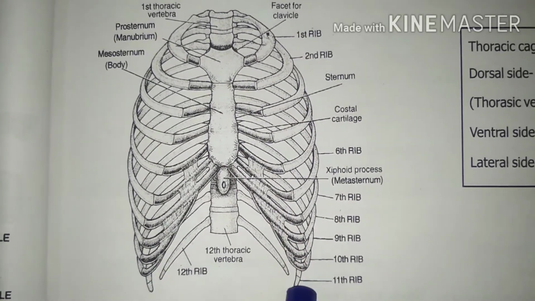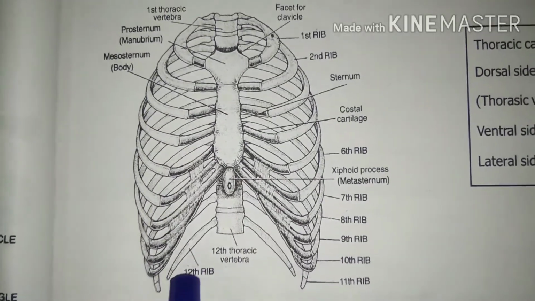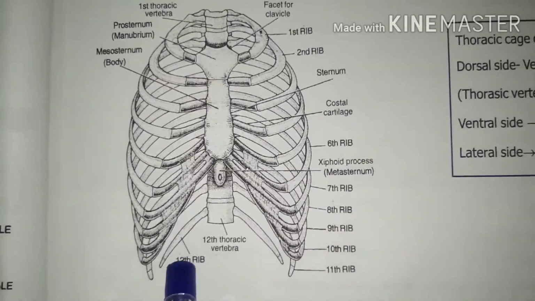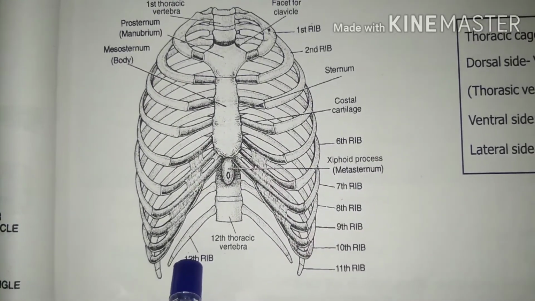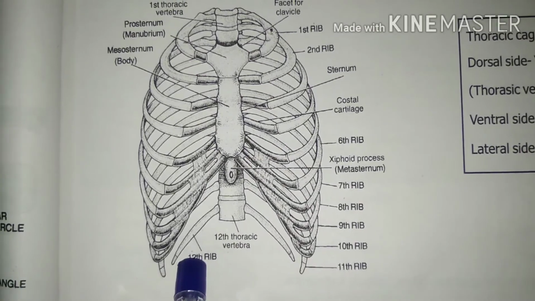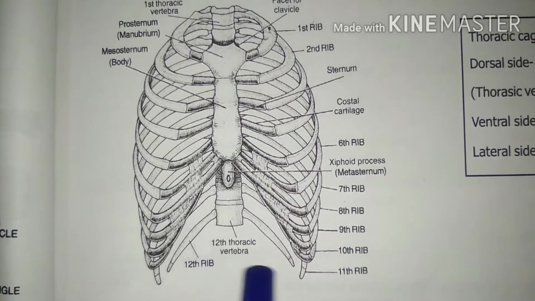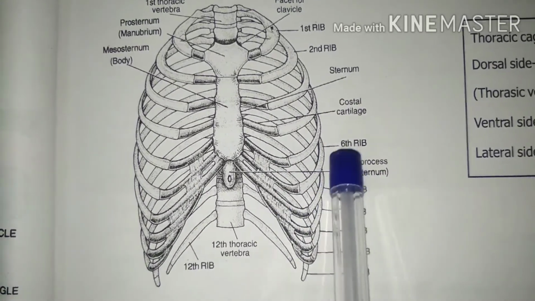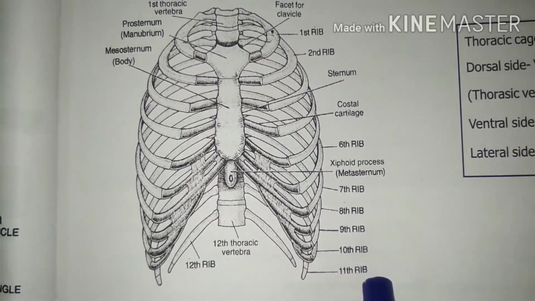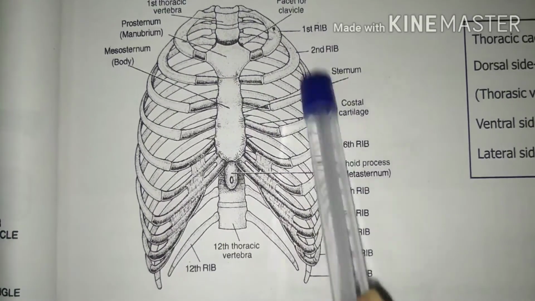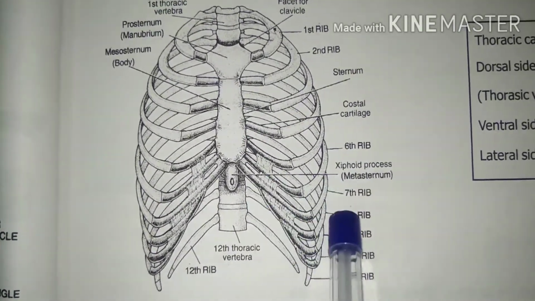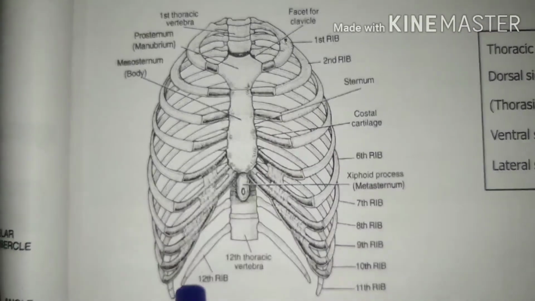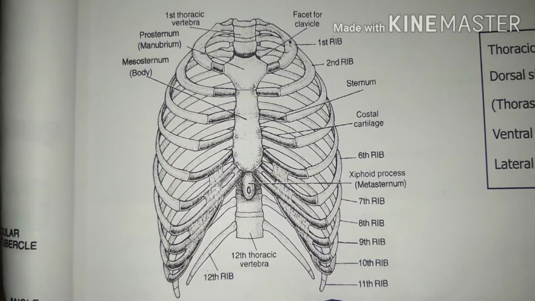The remaining 11th and 12th ribs are called floating ribs because they are not attached with any ribs or sternum. So ribs are of 3 types. First 7 pairs, true ribs, 8, 9, 10 false ribs, and 11 and 12 pairs of ribs are floating ribs.